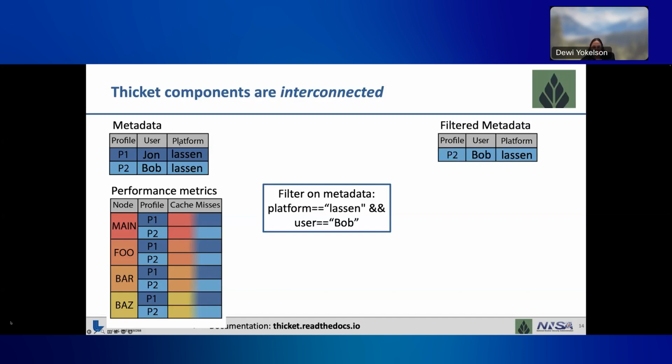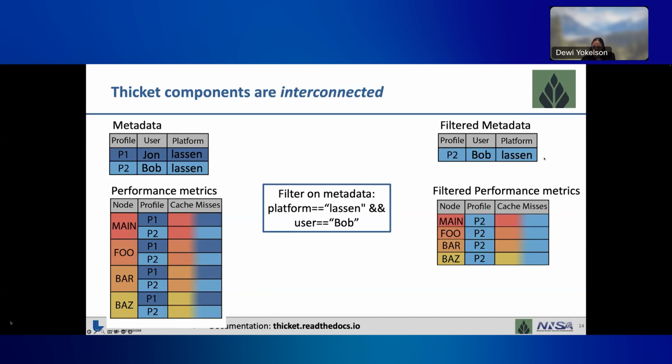So I'm going to say, okay, give me only the data that was run on LLNL by Bob. My new filtered metadata table will look like this, where it's just profile 2 now. And my filtered performance metrics will match, where I only have the nodes here and the profile 2 data now.